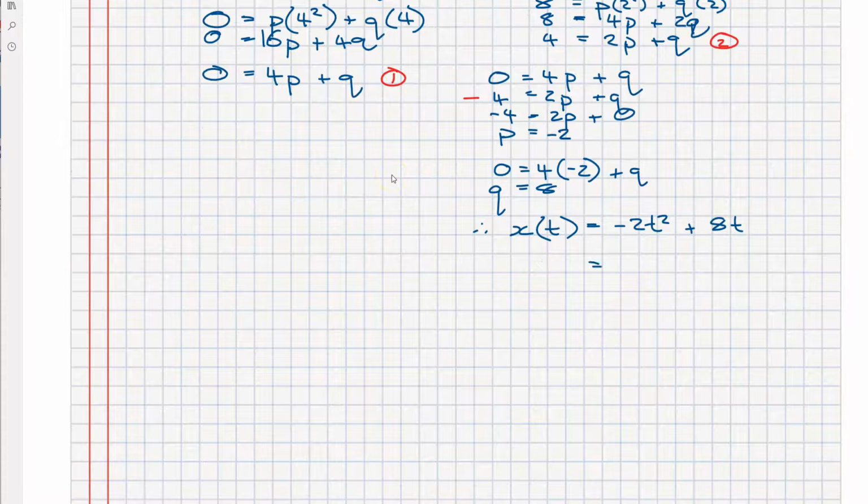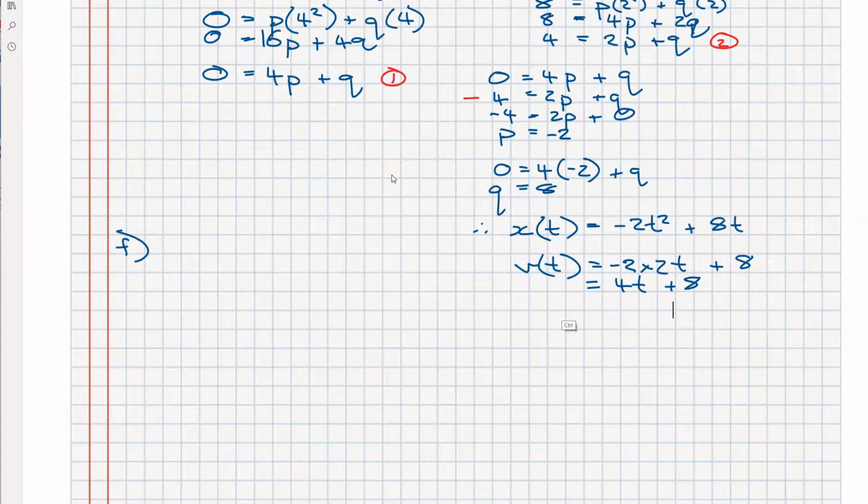So finding the velocity, we're going to go v of t is simply the first derivative of the displacement. So 2 times -2t plus 8, that's going to come out as -4t plus 8.